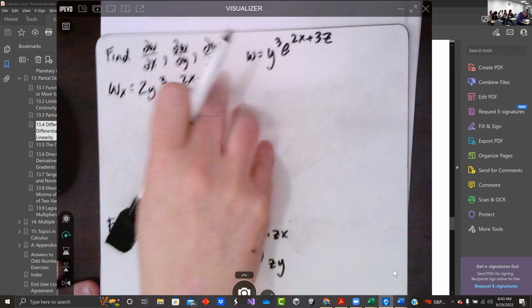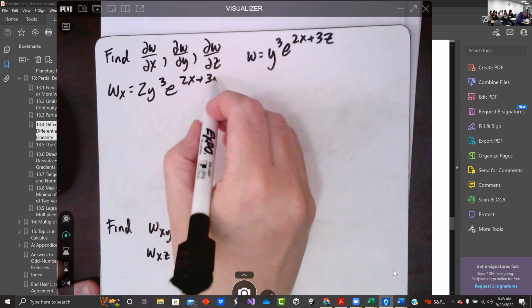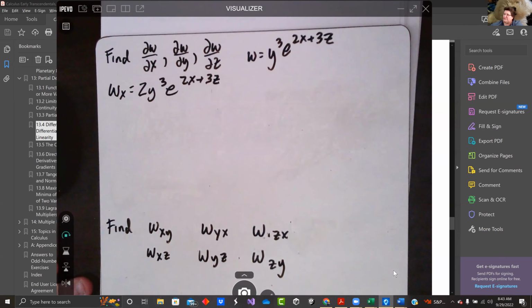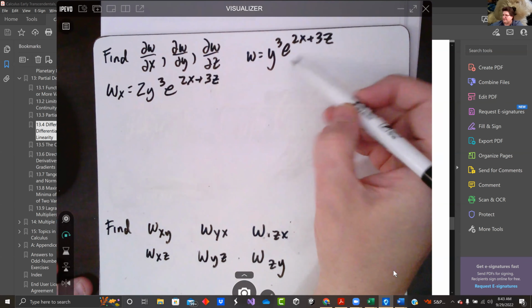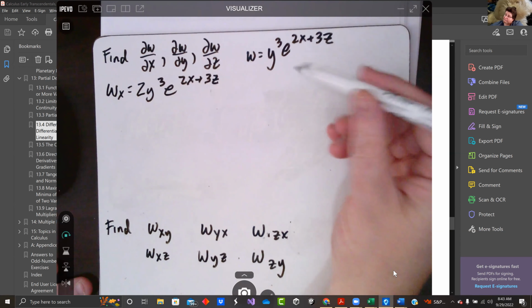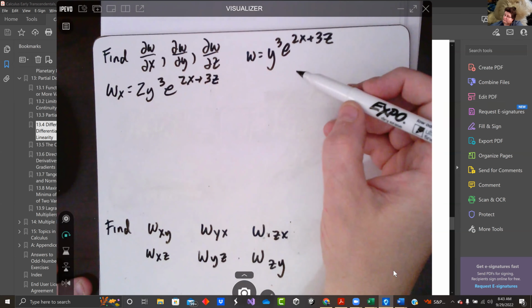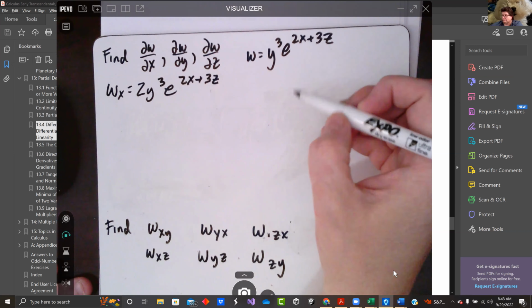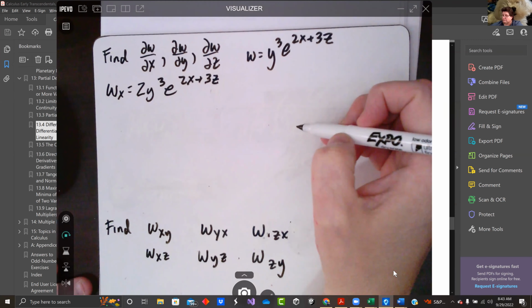I see what you mean. Remember, it's a chain rule. We're doing the derivative of the e and then the derivative of the exponent.